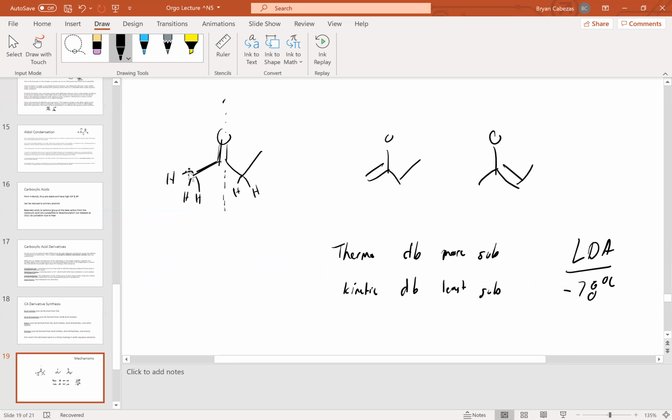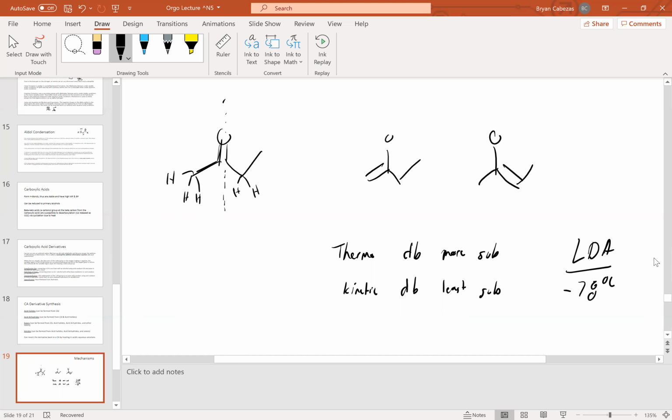Well, if we look at this primary carbon, we have 3 hydrogens that I can take away. There's nothing really sterically hindering this bulky base. However, if we look at this secondary carbon group, we're going to have a lot of steric hindrance involved. And so this bulky base is not going to be attacking these hydrogens. It's rather going to be attacking the hydrogens on the least substituted carbon.